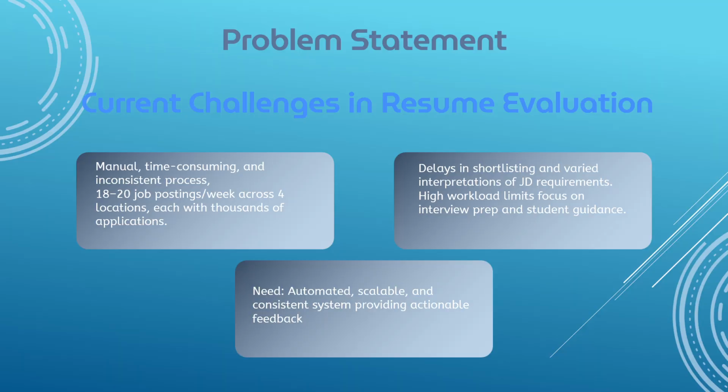So the problem statement: current challenges in resume evaluation. As you know, there are thousands of applications each day in any company, and there might be very few openings, like only 5 to 10 openings or a maximum of 20. With a thousand applicants applying for a single job, it gets very hard for recruiters to shortlist.